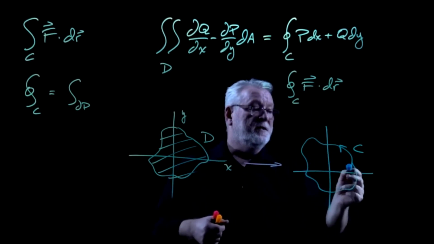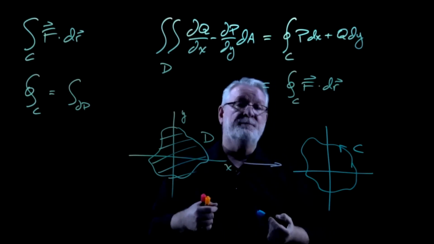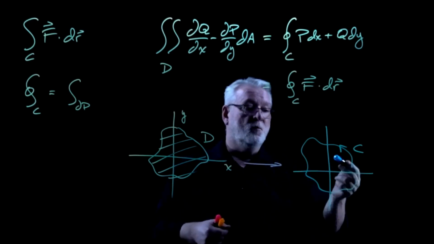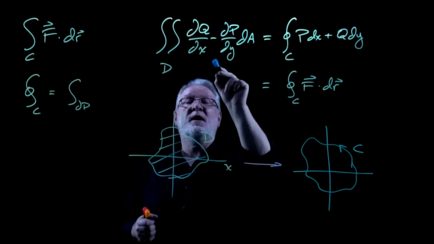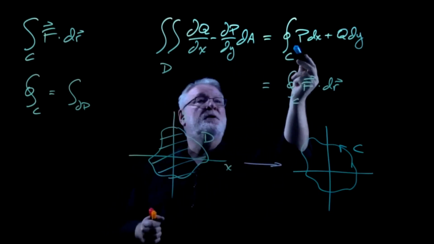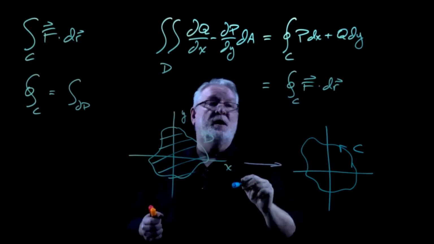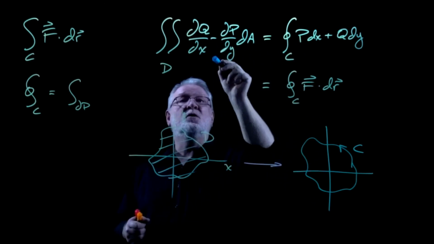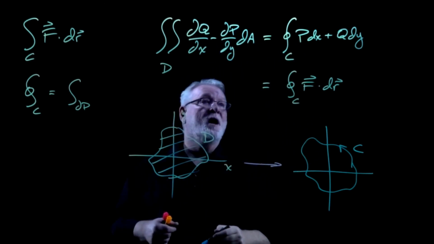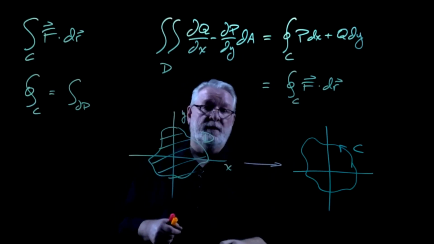However, this curve may be very difficult to describe by a parametric equation, in which case it'd be far easier to simply integrate over the area. But for that, we would need to pull out our p and q functions from the result of the dot product of f dot dr, and then take the partial derivatives, dq/dx, dp/dy, take the difference between those, and then simply integrate over the area.